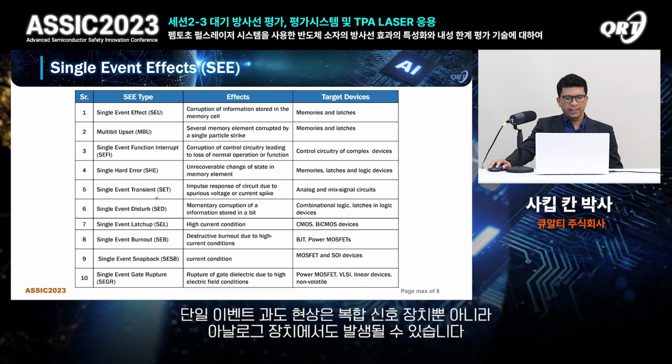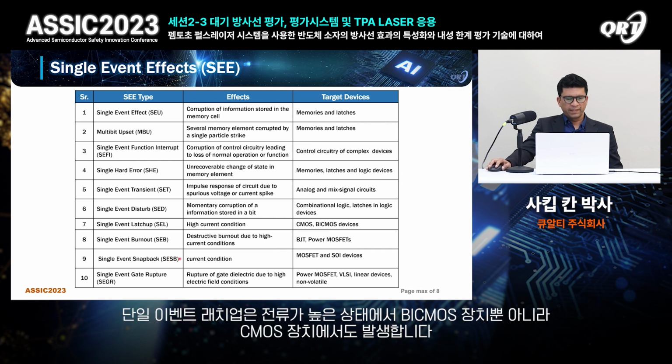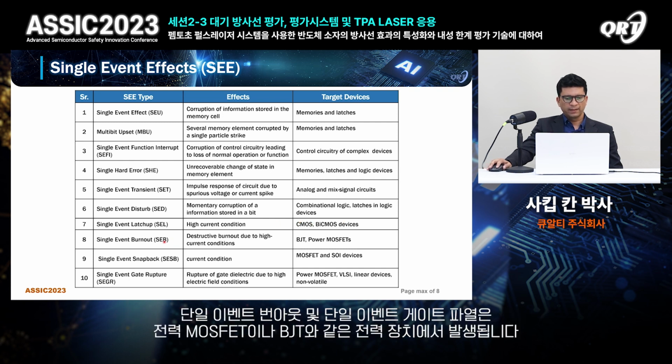Single event transient can occur in analog devices as well as mixed signal devices. Single event latch-up is normally a high current state which occurs in CMOS devices as well as BiCMOS devices. Single event burnout and single event gate rupture manifest in power devices like power MOSFETs as well as BJTs.